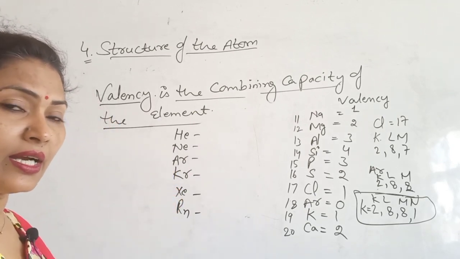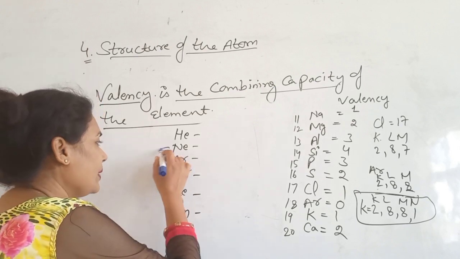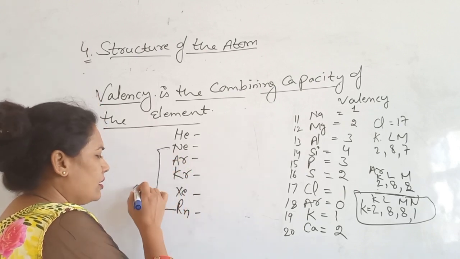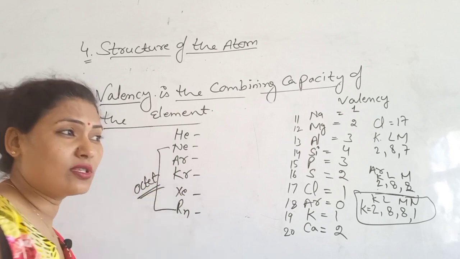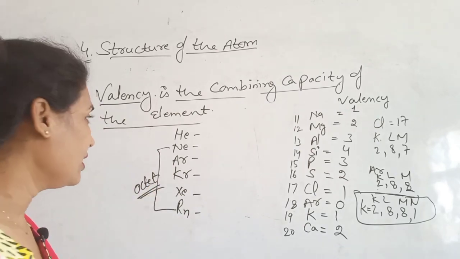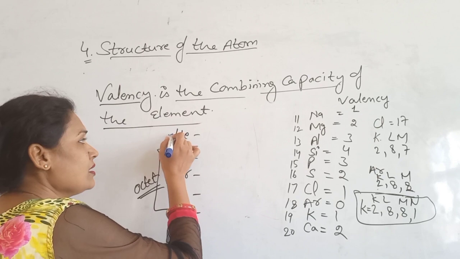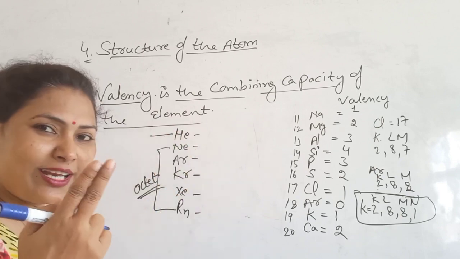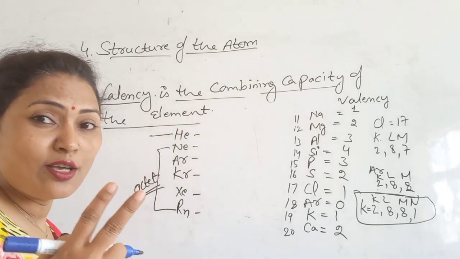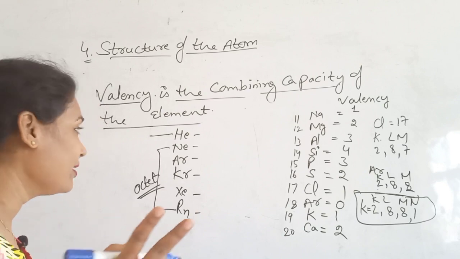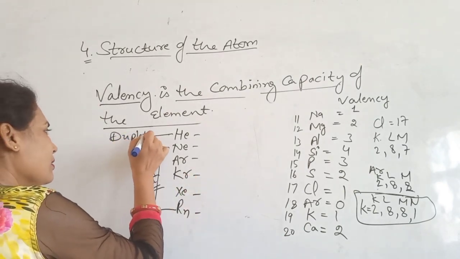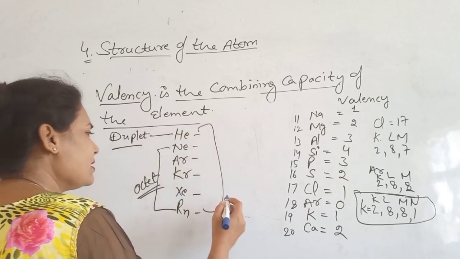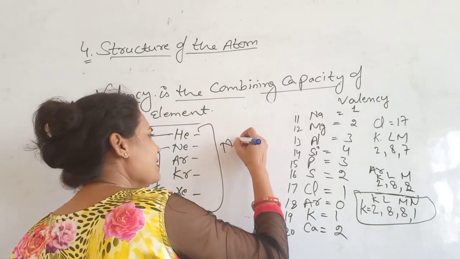They complete their octet. Their octet is complete, meaning they have 8 electrons in their valence shell, and the K shell contains a maximum of 2 electrons. So the duplet is complete. Helium is a duplet.